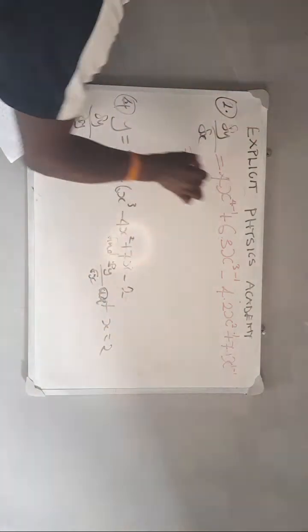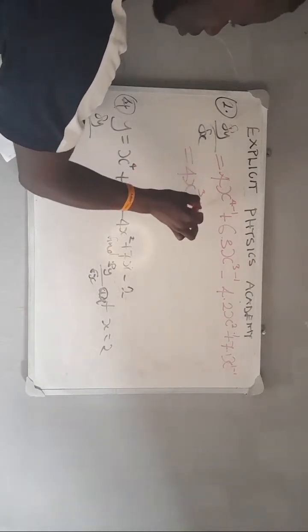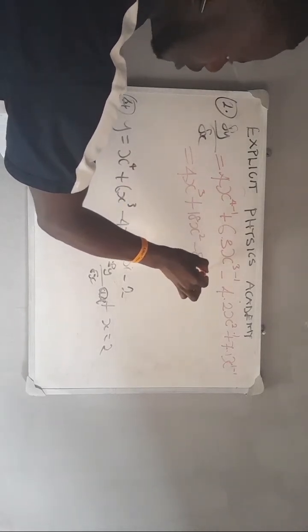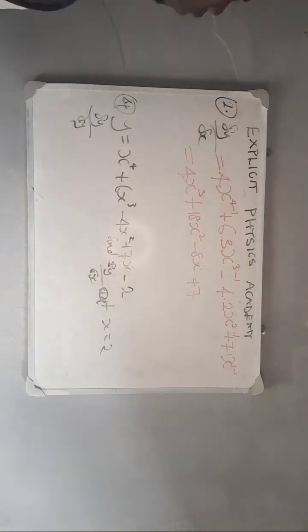So when we multiply, we're going to have 4x^3 plus 18x^2 minus 8x plus 7.